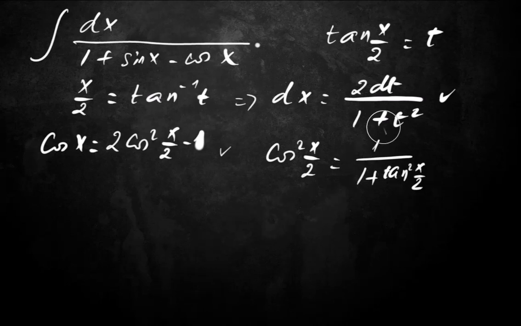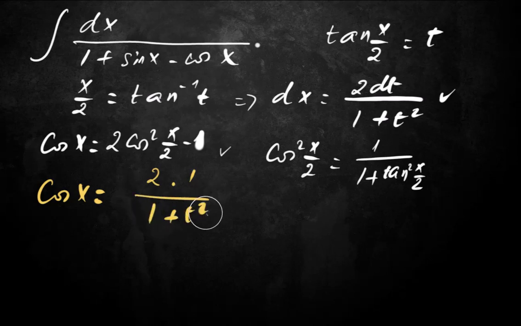And we said that our tangent x over 2 is t here. So we are going to plug in. We would say that cosine x is equal to 2 times 1 over 1 plus tangent squared x over 2 minus 1.